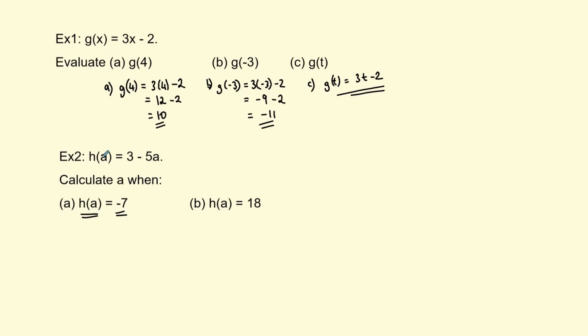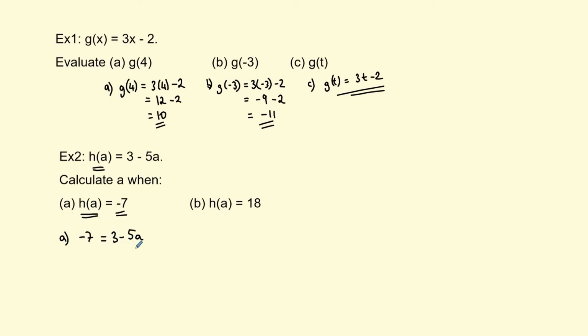Now h of a is this part of the function. It's saying that this whole thing, this function, is equal to negative 7. So what we're going to do is replace this first part here with negative 7, and then the right hand side of the function stays the same, and essentially what we get is a nice simple equation to solve.